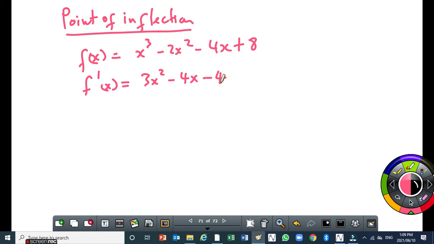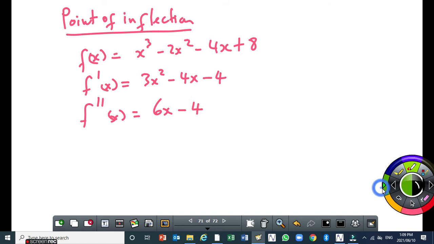You only use first principles if you are told to do so. If you are not told, use the rules. Then the second derivative will be 6x minus 4. So this is the first derivative, and this one here is the second derivative.